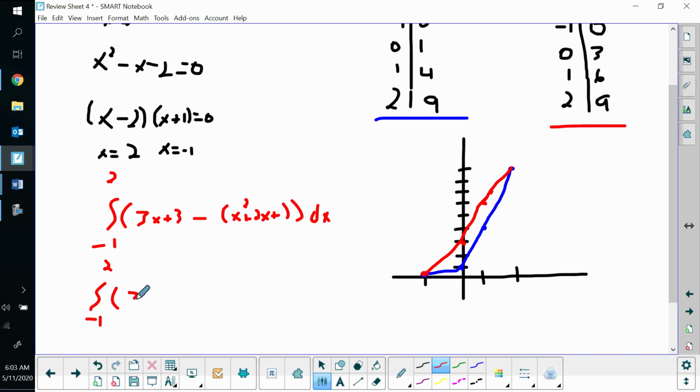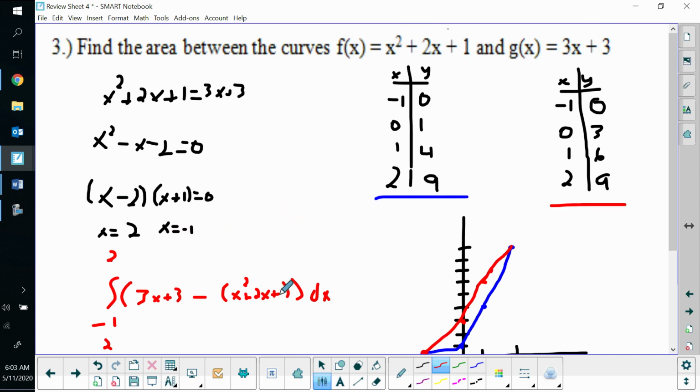So we'll start out by just distributing our negative. Oops, I forgot the 1 here.